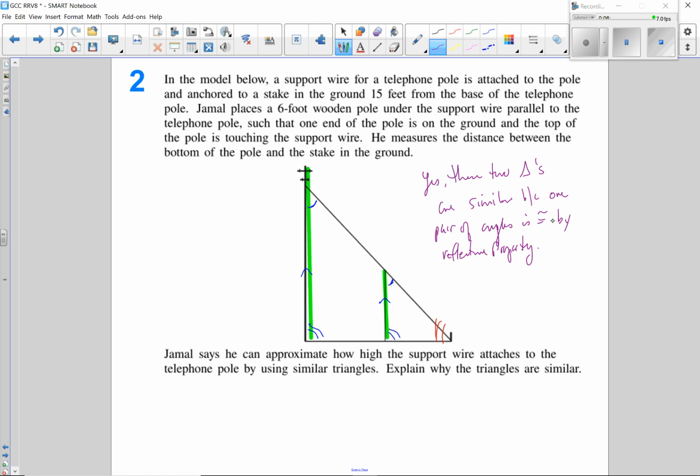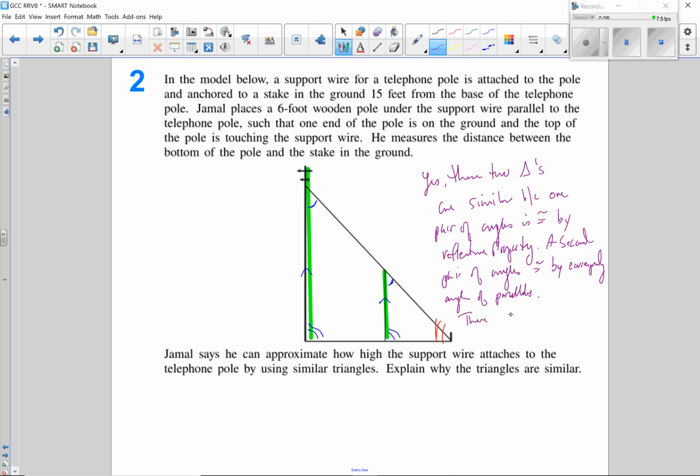I have a second pair of angles congruent by corresponding angles of parallel lines, which again, either pair of blue angles is represented there.